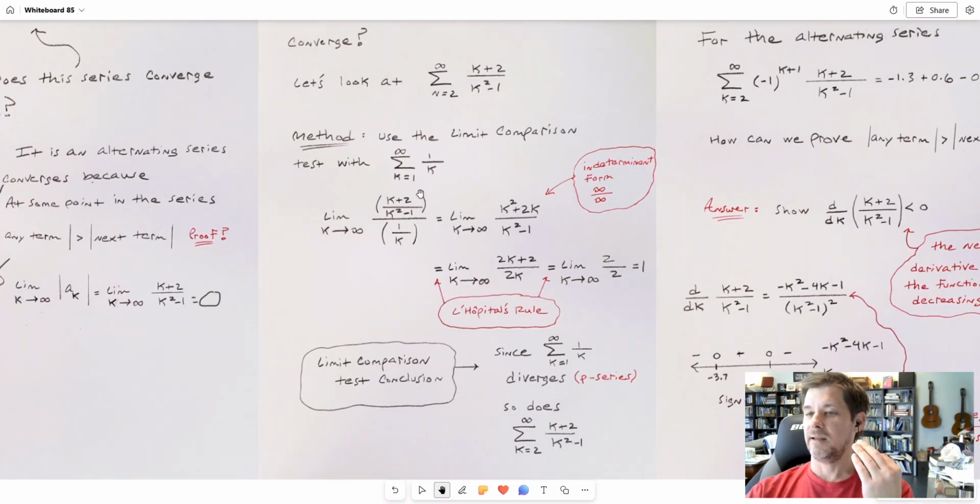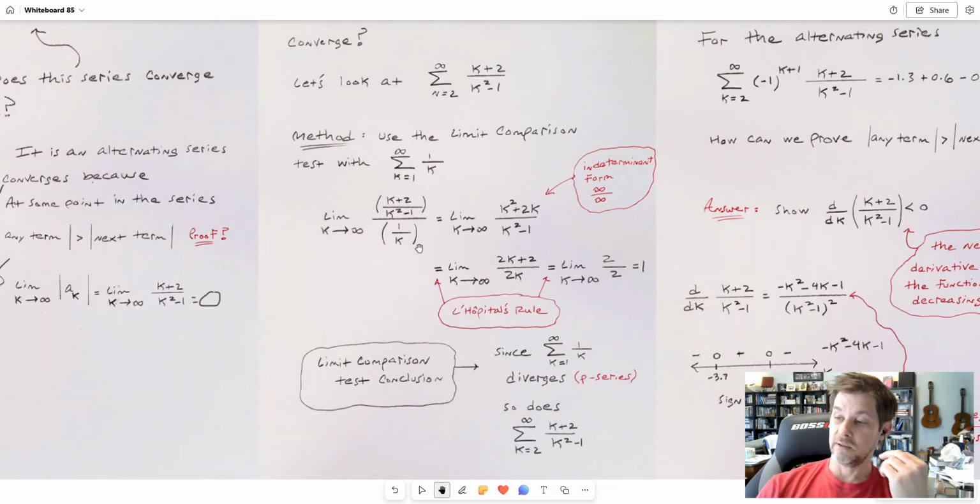Now, here's that limit that it says we should evaluate in the limit comparison test. I start here, do a little algebra, and I get there. This is an indeterminate form. If k goes to infinity, then the top and bottom of this go to infinity. Indeterminate forms like that can be evaluated by L'Hopital's rule.